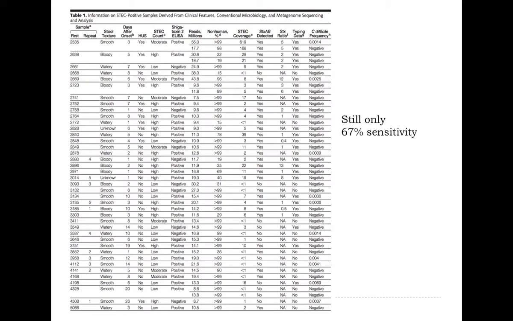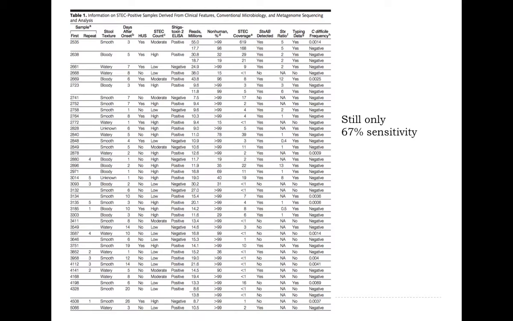When we applied it to the STEC positive samples, and we now looked at a much larger number, we were still only getting about two thirds of them where we were detecting the STEC sequences, for example, the Shiga toxin sequence. Now that doesn't look so good.